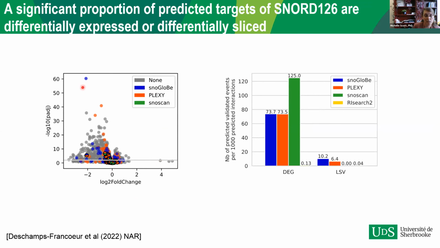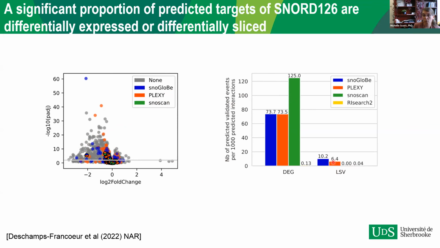We see many messenger RNAs go down in abundance following the depletion of SNORD126, and those colored in blue, green, or red were predicted by these predictors to be targeted by SNORD126. In general, we find that SnoGloBe, PLEXY, and SnoScan in this case, and particularly SnoScan, do well in predicting targets that were affected by the depletion of SNORD126.